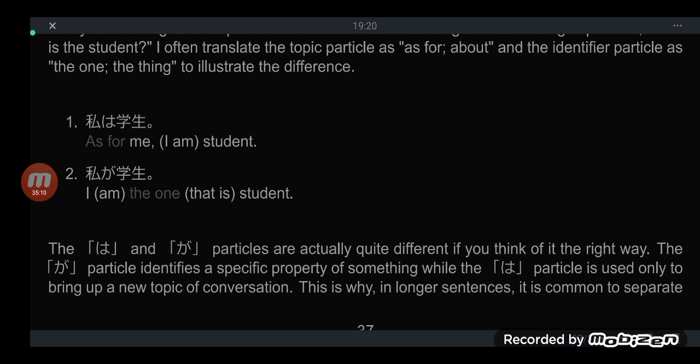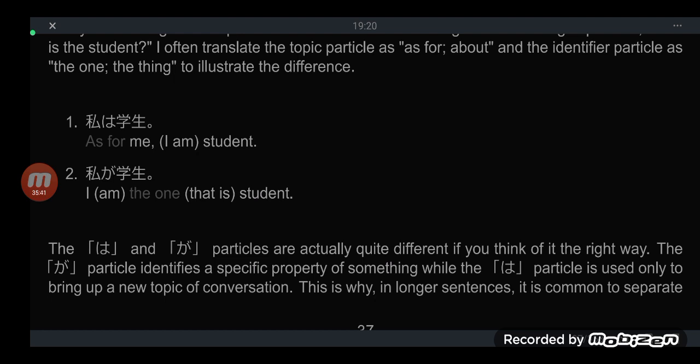Please recollect our lesson for today, lesson 008, the three most basic particles. Particles in Japanese are almost like the articles and prepositions in English. There are other particles in Japanese like ni and de, which we will deal with later on.